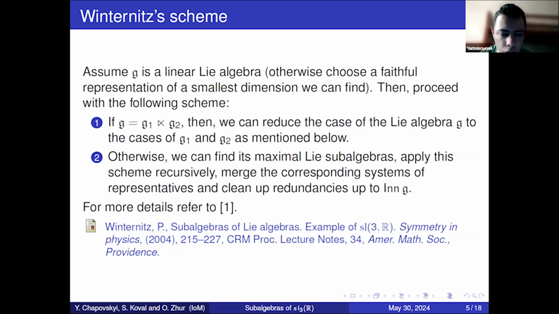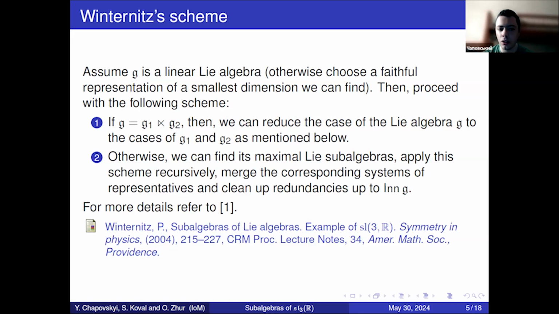Next, let us proceed with the general scheme provided by Winternitz. First, assume that G is a linear Lie algebra. We can always do that. Then either G can be decomposed into a semi-direct product of some subalgebras. In this case, we can apply algorithms given below to reduce the problem of subalgebra classification for the whole Lie algebra G to the same problem for its summands.